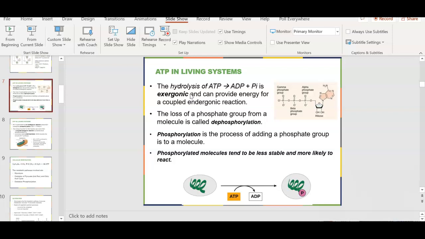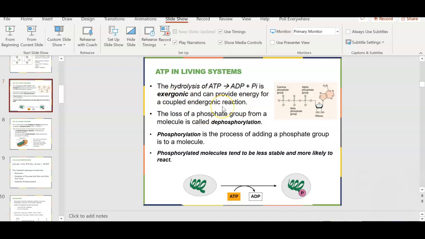It releases energy, which can then provide energy for the other type of reaction that needs it, an endergonic reaction, sometimes an anabolic reaction. When the energy released from ATP hydrolysis is coupled with an endergonic reaction, which has a positive delta G, it helps that reaction move forward. So that's how the energy from ATP is used.